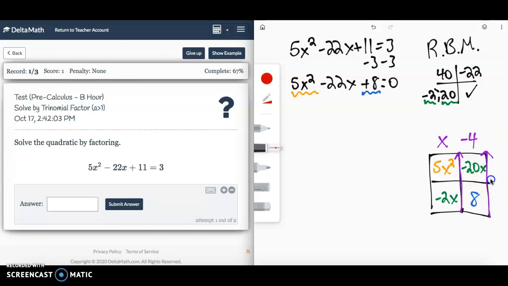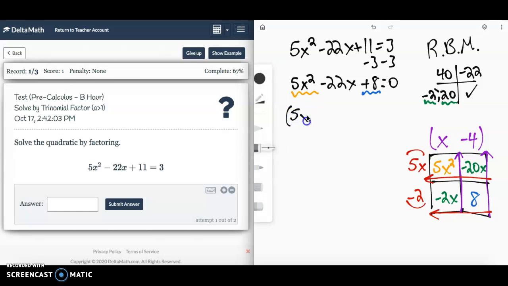And then from this row, I can pull out a 5x, and from this row, I can pull out a negative 2. Again, because the closest box that I'm pulling stuff out of has a negative, I have to have a negative come out as part of my GCF. So there's one factor, there's another factor, and now we can rewrite our quadratic equation.